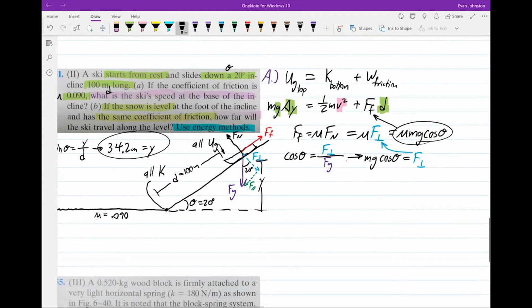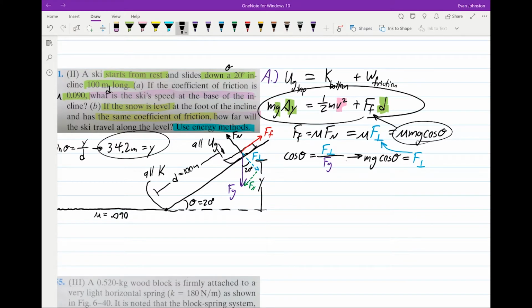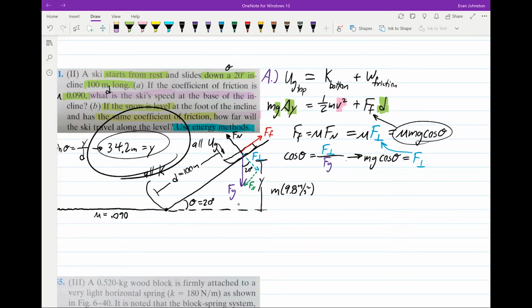So what I'm going to do now is rewrite my whole equation with all the numbers in. We've been battling with it to figure out everything but v, because we want to find v, and now we have everything we need, and we're just going to plug in and simplify. So now I have m times g, 9.8 meters per second squared. How high up is it? Well, we figured that out. It's 34.2 meters. So 34.2 meters.